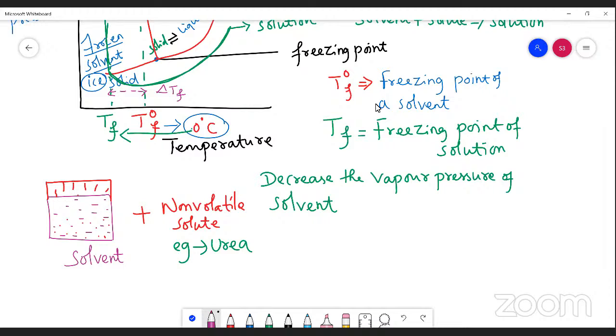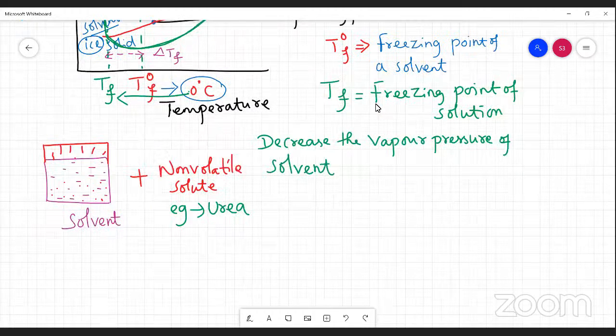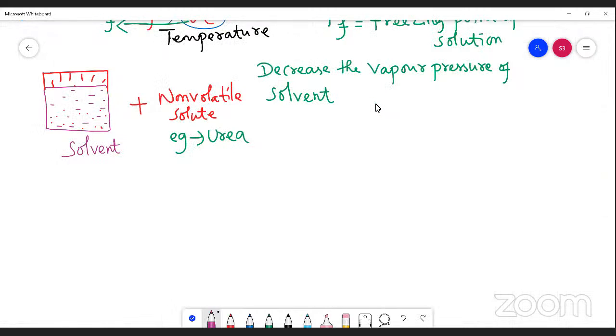TF is the freezing point of a solution, which will be decreasing beyond 0 degree Celsius. In between the two temperatures, we name it del TF. This del TF is called the depression in freezing point.